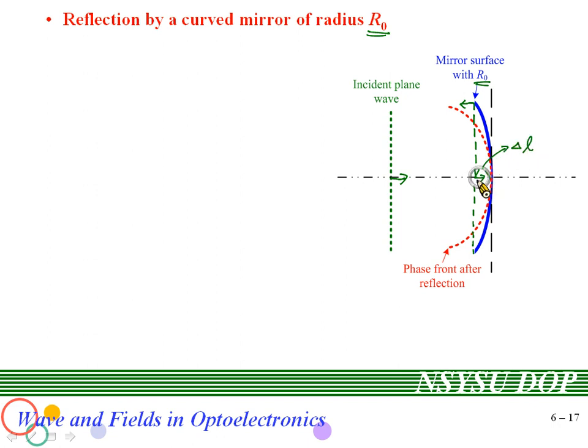As the center point hits the mirror and starts to go backward, at the same time the reflected point has arrived here. What will be this distance? Sorry, let me plot it in red line.